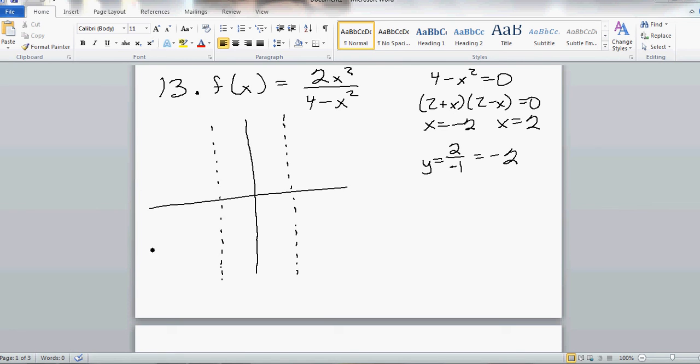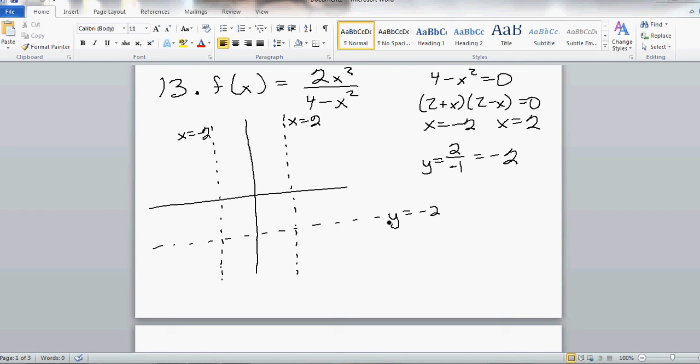So we know that we have an asymptote of y equals -2. So we have several asymptotes going on here, and we have to think about what it's going to look like. It might look like this, or it might look like this.